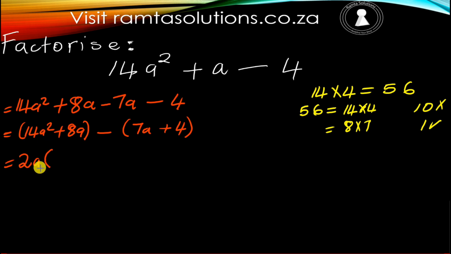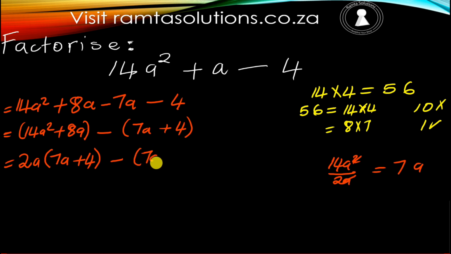Now 14a squared divided by 2a: the a cancels, you're left with a, and 14 divided by 2 is 7. So this will be 7a. Now 8a divided by 2a will be positive 4. There is no factorization that we can do on the minus part, so we can stop here and leave it as it is.